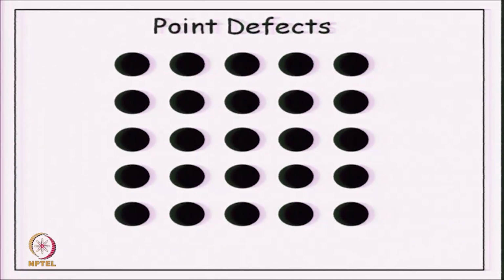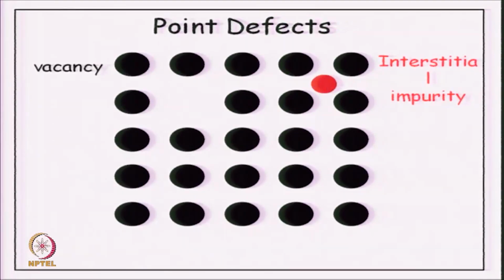So, we have talked about point defects, but the only point defect which we have mentioned till now is the vacant site, a vacancy, which is a missing atom. But there are other kinds of point defects. For example, there may be an interstitial impurity.